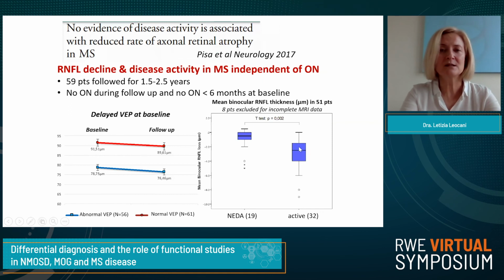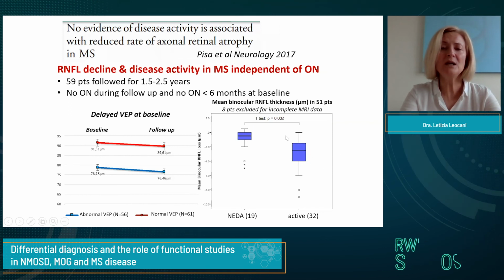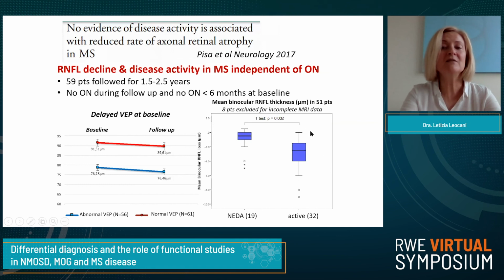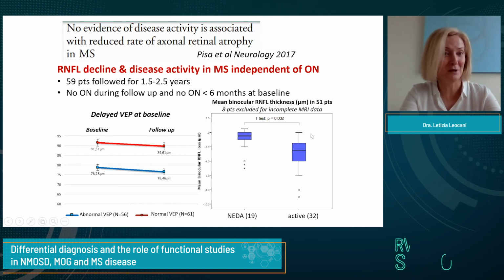And in our study, we demonstrated that no evidence of disease activity is associated with better preservation of retinal nerve fiber layer compared with disease activity, even in the absence of optic neuritis, in the sense that poor control of disease activity leads to neurodegenerative or inflammatory mechanisms taking place in the optic nerve, despite no evidence of optic neuritis.